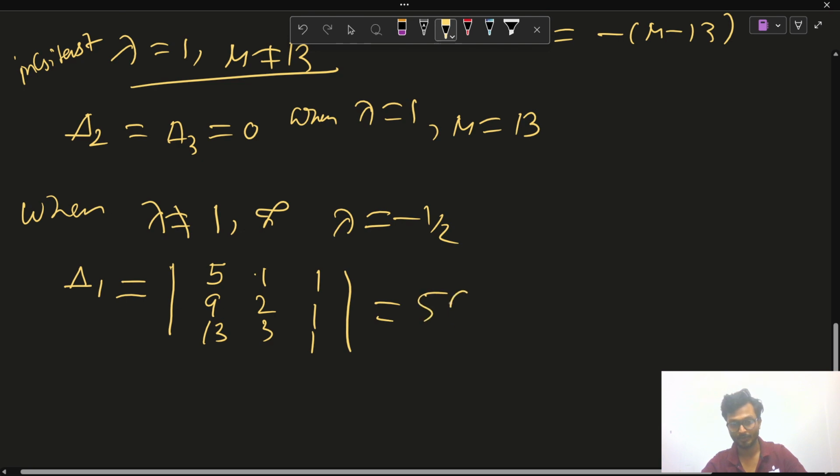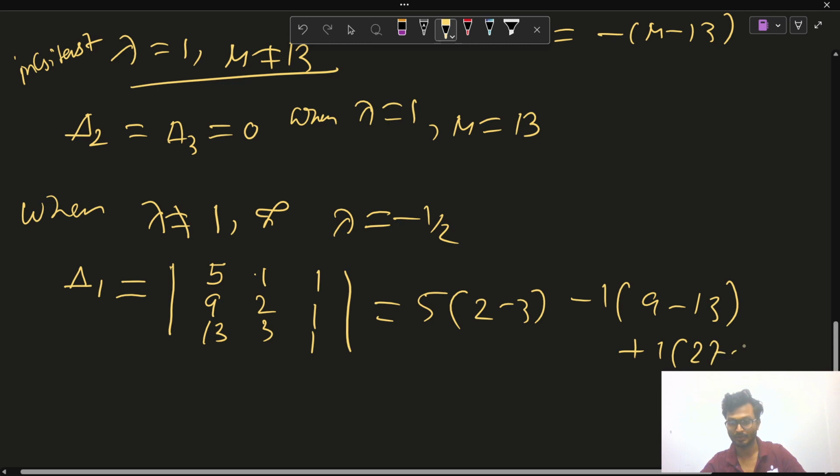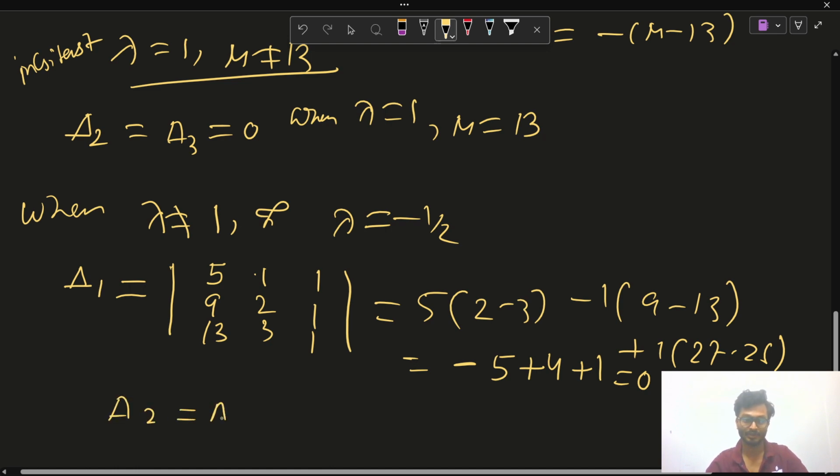So this will be 5 into (2 minus 3), then minus 1 into (9 minus 13), then plus 1 into (27 minus 26). So this will be minus 5, plus 4, and plus 1, so this will be 0. And also you check delta 2 and delta 3, this will give you 0, right?